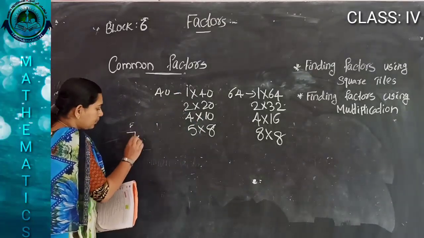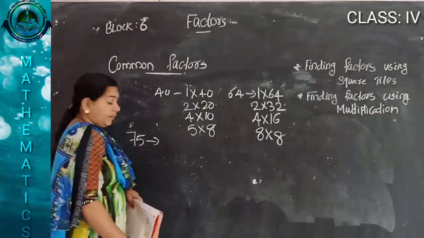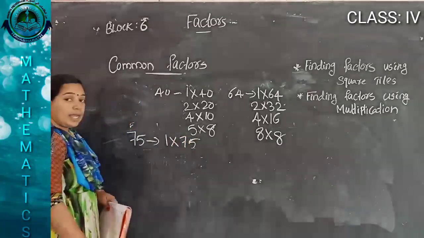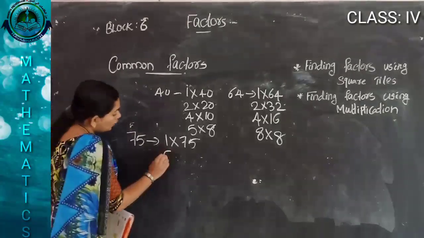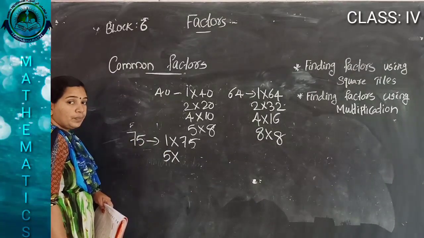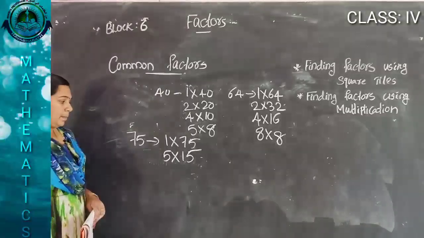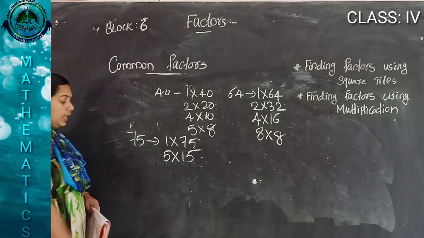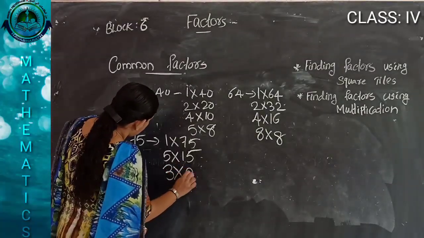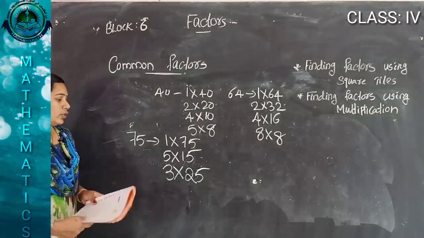75. 1 into 75, then 5 into 15, 3 into 25.